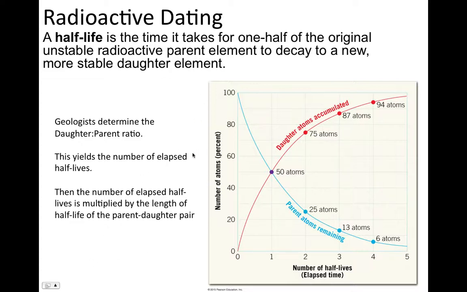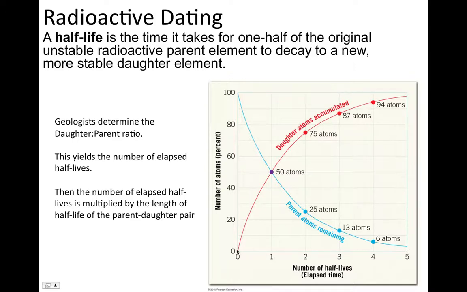And so initially, if you look at this chart right here, at time t equals 0, we have 100% radioactive parent atoms, and we have 0 stable daughters. Now, on the x-axis here are the number of elapsed half-lives.